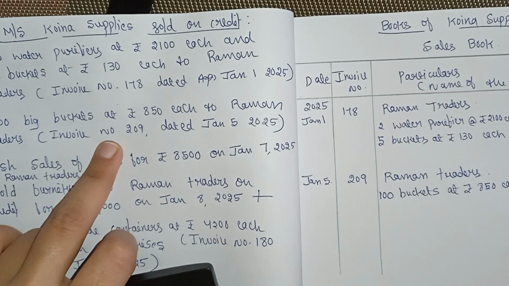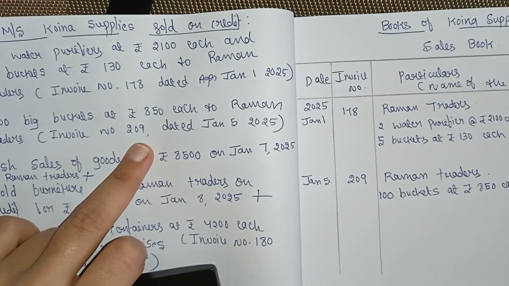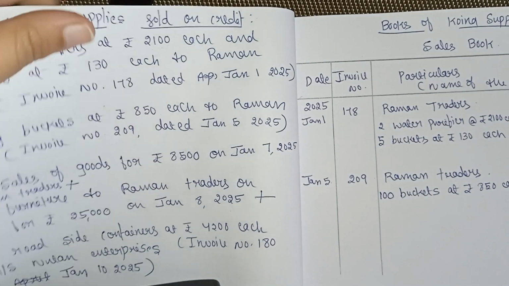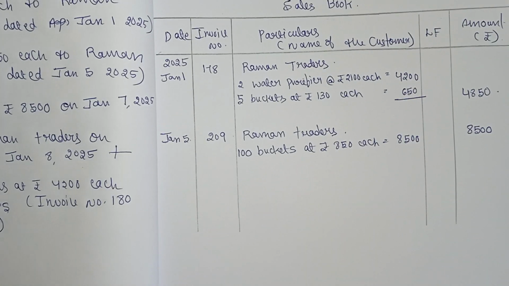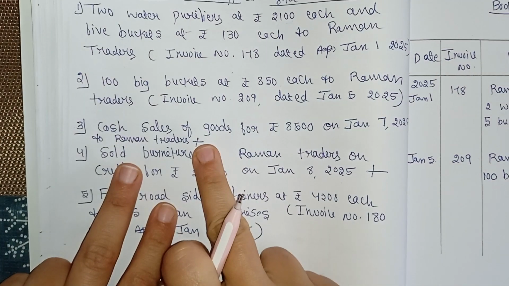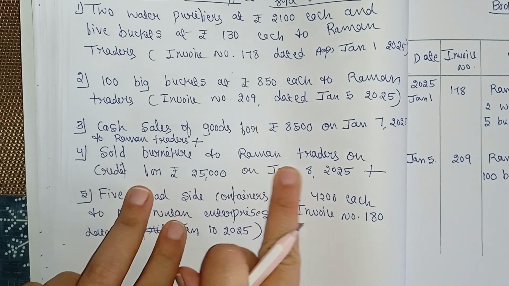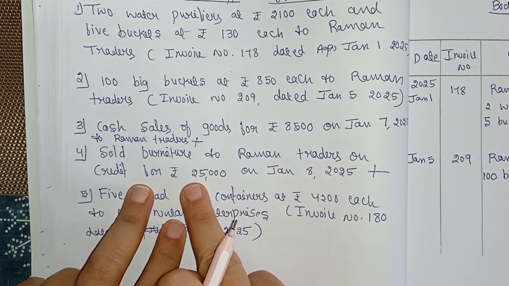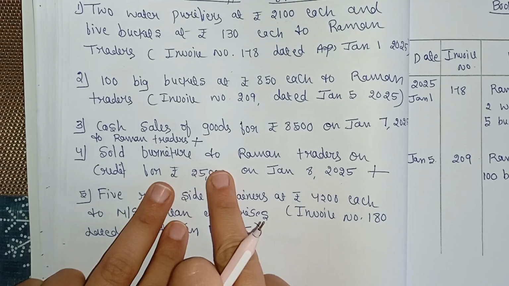Yeah, only one transaction, invoice number 209. Next one, cash sales of goods: this transaction is not included in the sales book. And next, sold furniture to Raman Traders on credit: this transaction is also not included in the sales book.